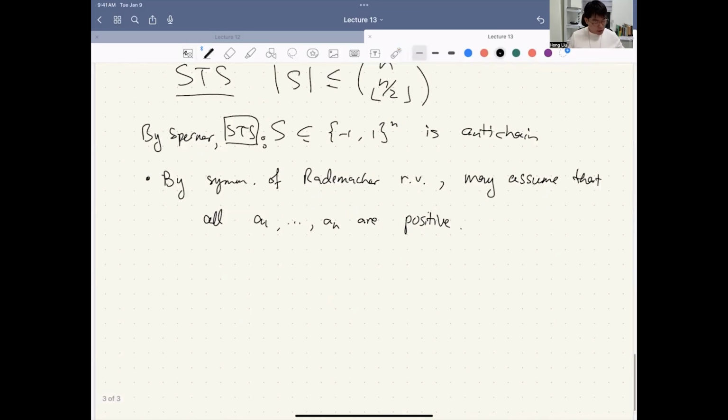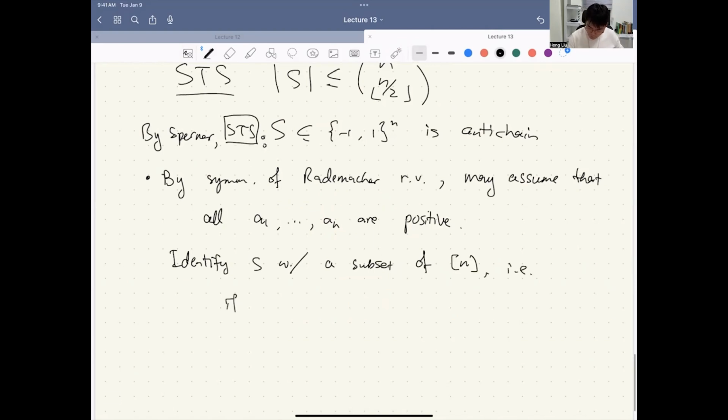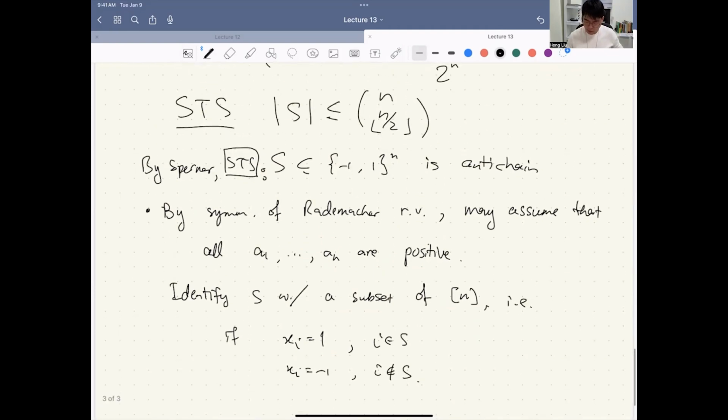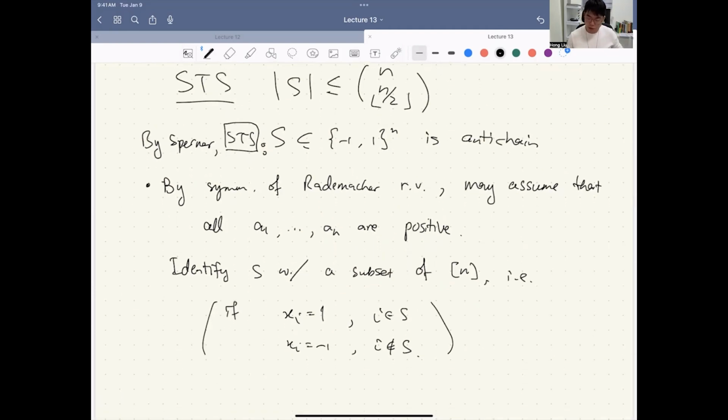Okay. Now, as I said, identify S with a subset of n, i.e., if x_i is 1, i is in S. If x_i is -1, i is not in S. All right, this is the correspondence, as I said.